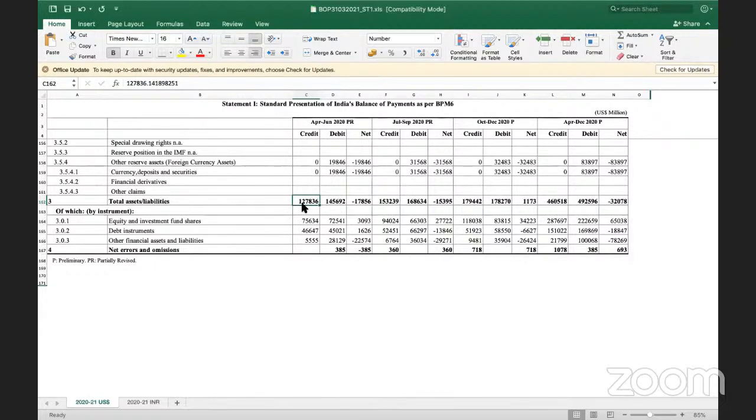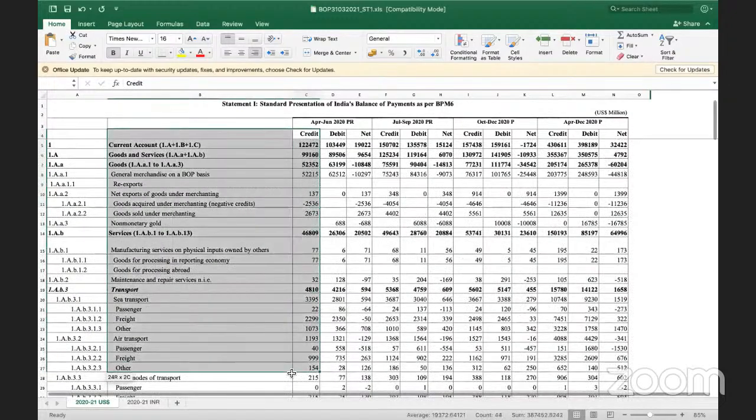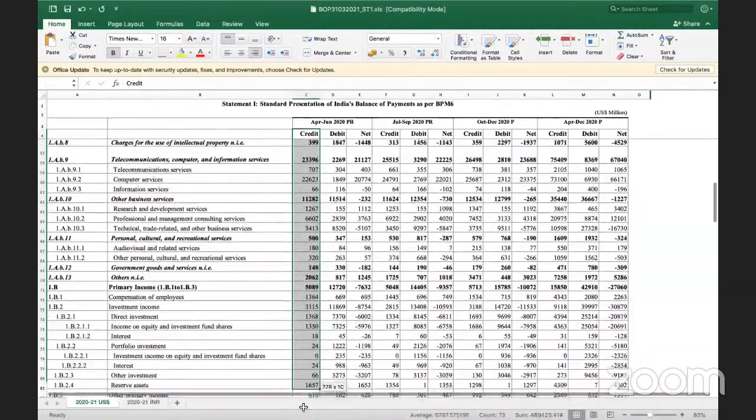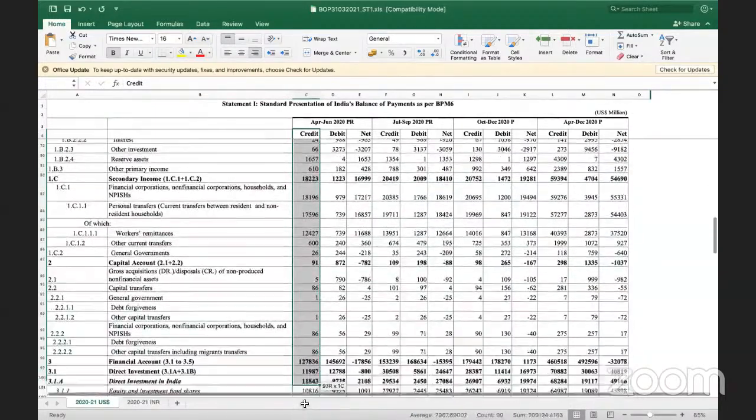Okay. In my analysis, in terms of credit only, it has improved. Yeah, this is the correction you must have made.